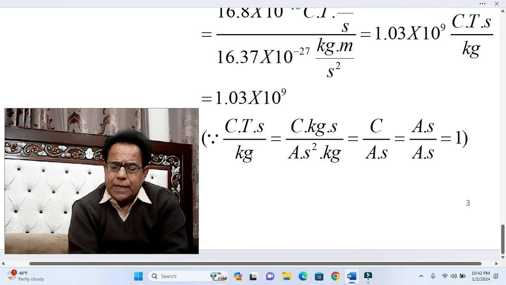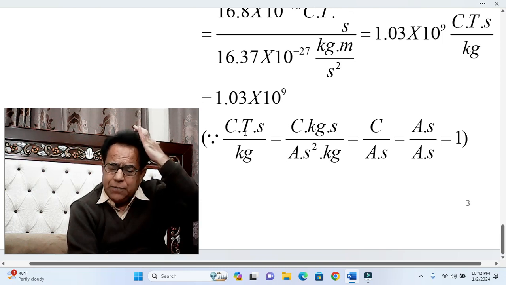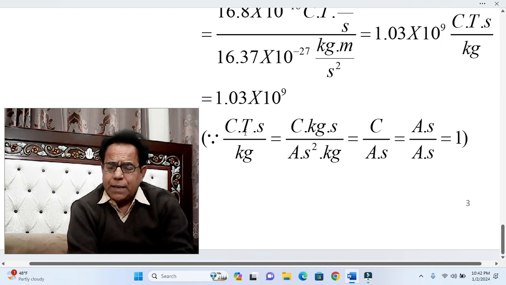In the first step kilogram, in the second step also kilogram. So what we have done, we have just replaced Tesla by kilogram per ampere second square. It means Tesla is equal to kilogram per ampere second square.